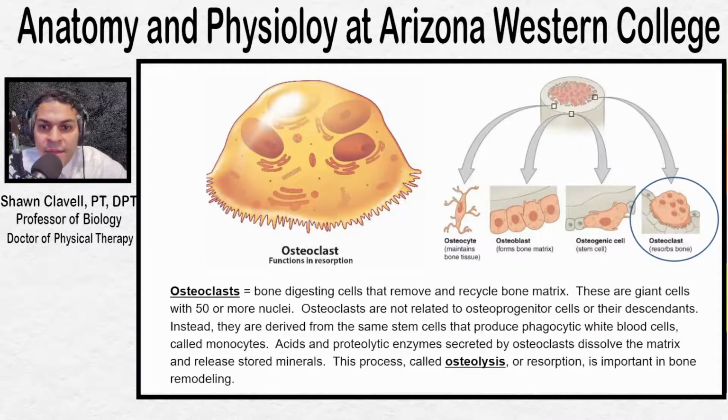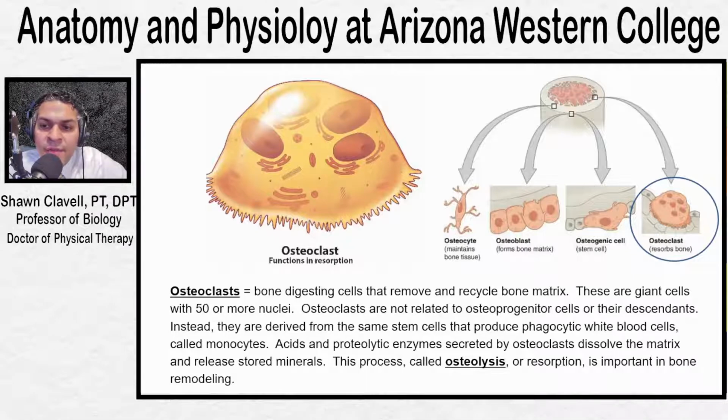And then we have osteoclasts. Osteoclasts are bone digesting cells that remove and recycle bone matrix. These are giant cells, as you can see here, with more than 50 nuclei. Osteoclasts are not related to osteoprogenitor or osteogenic cells.